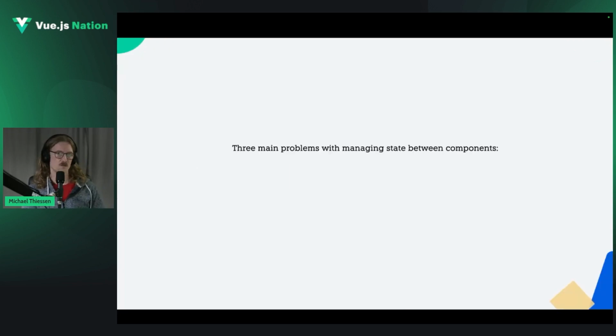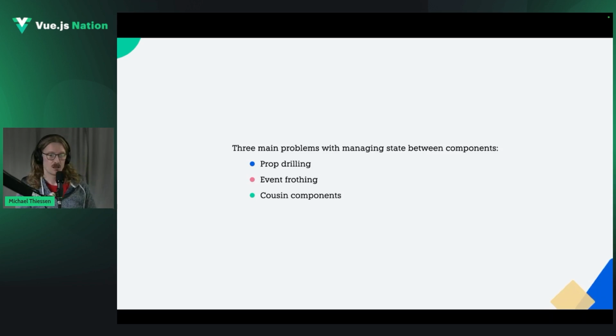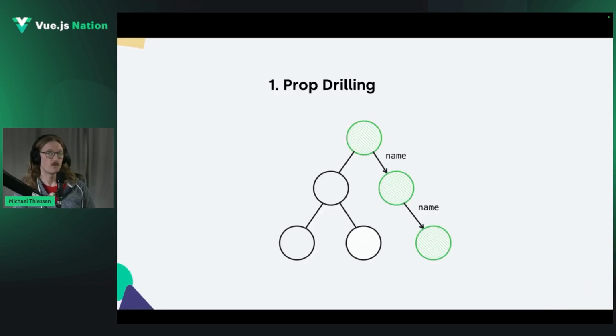And here we're going to solve some problems with state management. We have a bunch of different problems: prop drilling, event frothing, and cousin components. You've probably heard of prop drilling before. It's where we pass props down layer after layer, and these props are not even used in these intermediate layers.